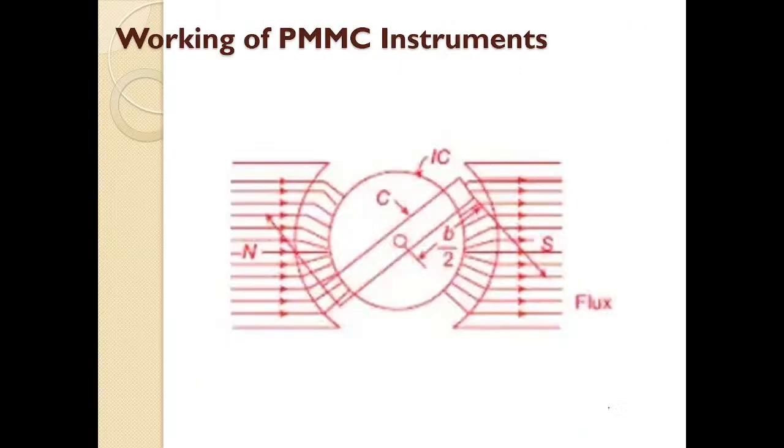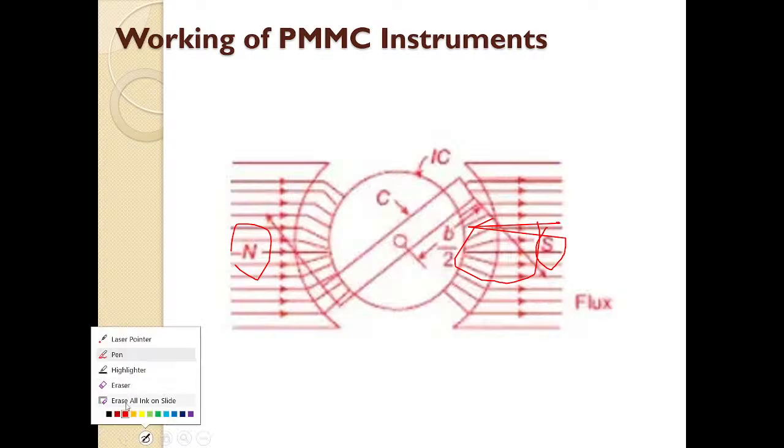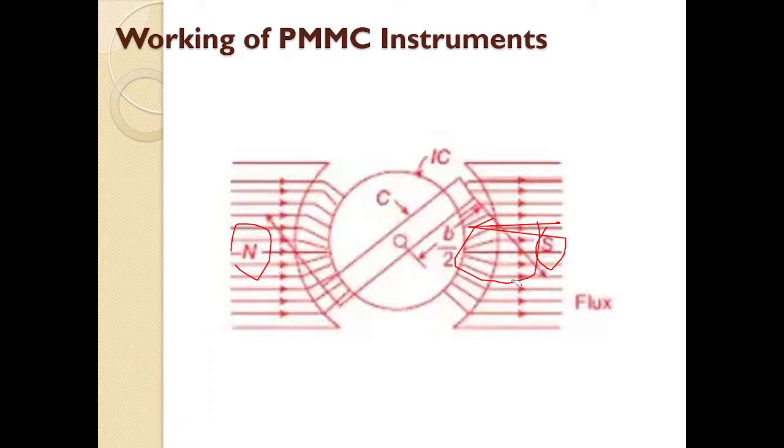So this is it. In this image, if you see, this is the North Pole. This is the South Pole. If you see carefully, it is similar to the armature of your DC motor, isn't it?